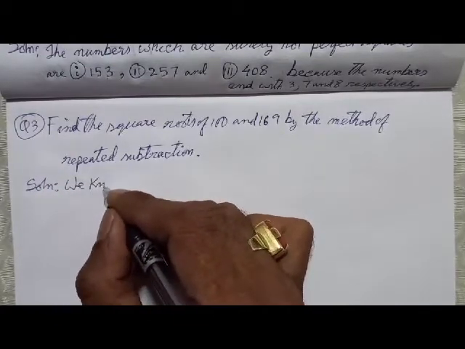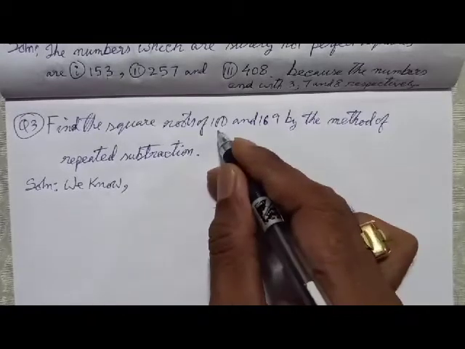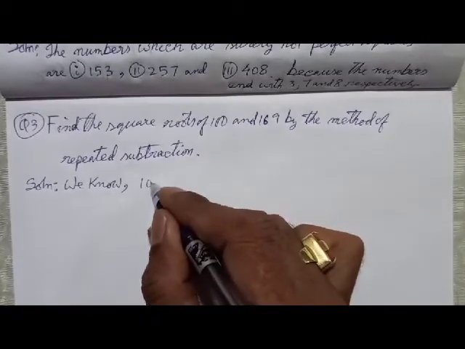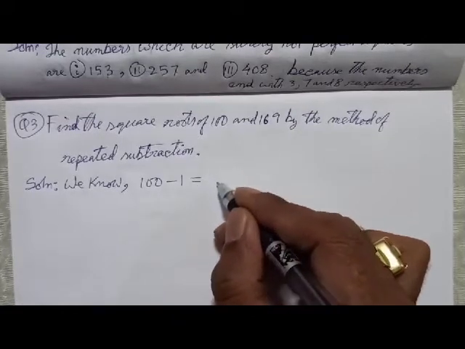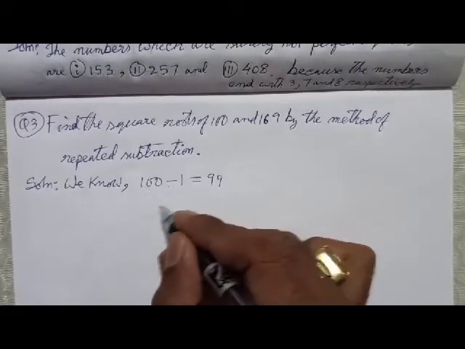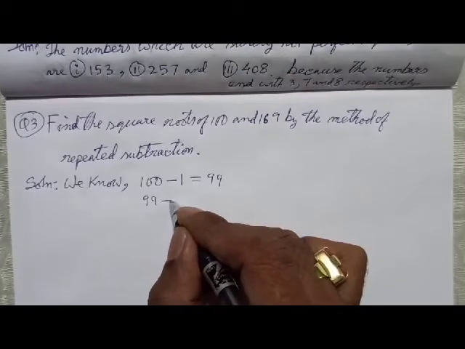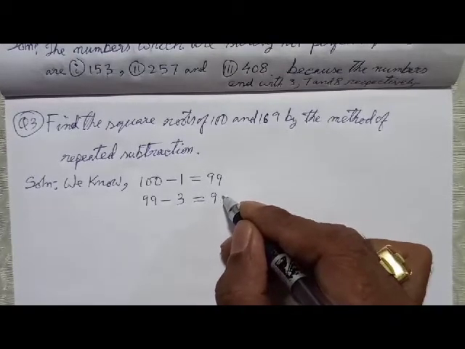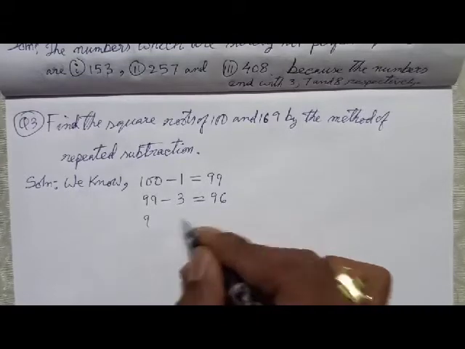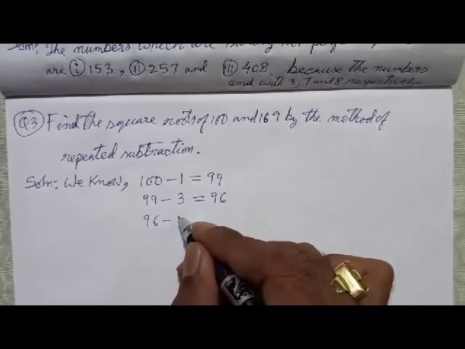We know here the given number is 100. The first odd number is 1. Then 99 is getting. 99 minus the second odd number is 3. Then 96 is getting. Then this number 96 minus next odd number is 5.